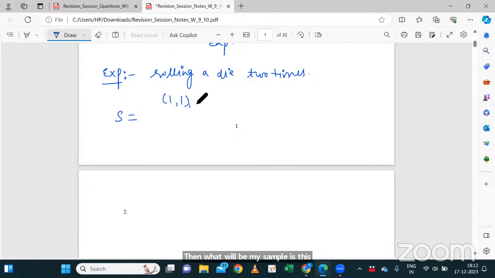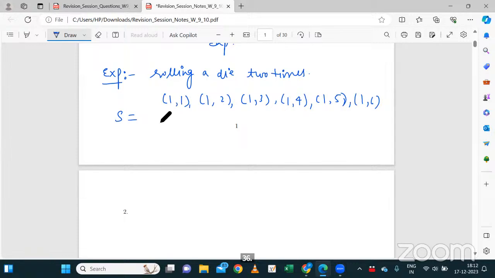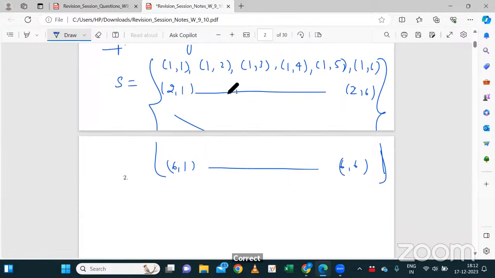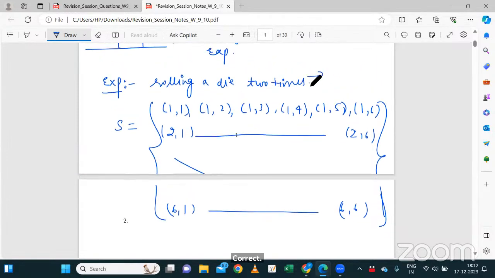It will be 1 1, 1 2, up to 1 5, 1 6, similarly 2 1, 2 2, up to 6 1, 6 2, 6 6. There are 36 outcomes, that is the counting, but I'm asking about the sample space. These are the set of all possible outcomes if I roll a die 2 times. So this is your sample space for this experiment.